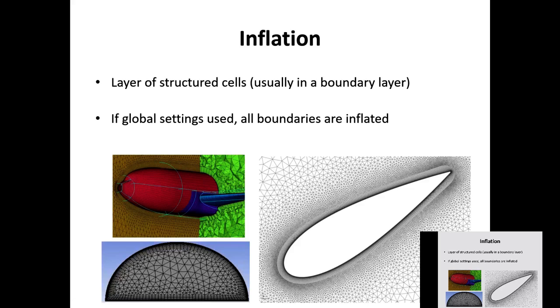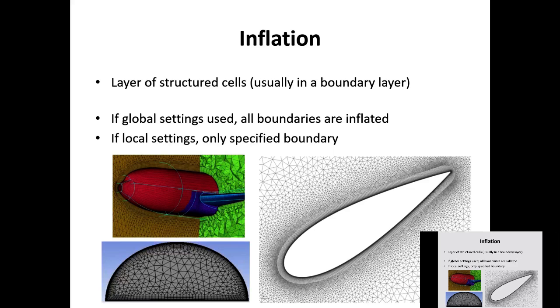If you use global settings for inflation, all boundaries will be inflated, but if you're not worried about the far field, you only pick up the layers that you want to have an inflation layer on. So you can specify the boundary for the inflation layer.